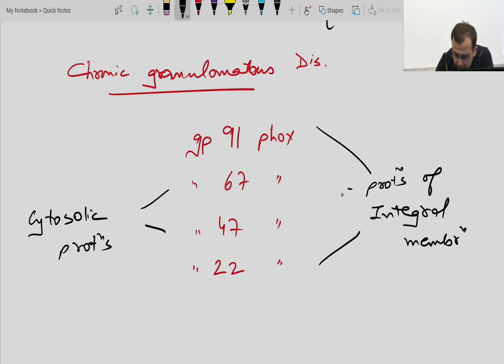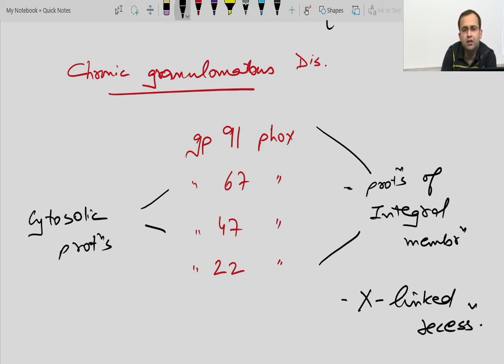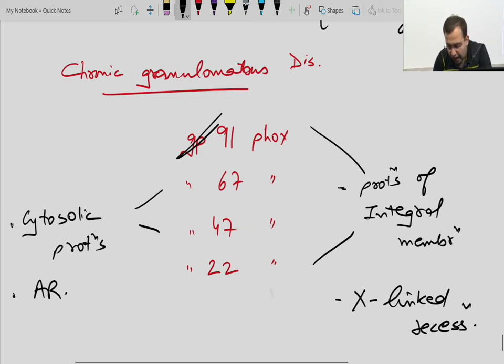Next point, any defects in proteins of integral membranes are X-linked recessive in nature, versus the other two, which are autosomal recessive. So in the question, if you were asked which is X-linked recessive chronic granulomatous disease, it is GP91 phox defect.